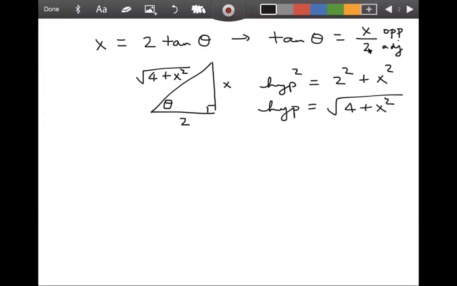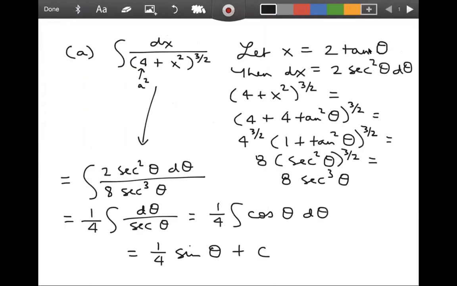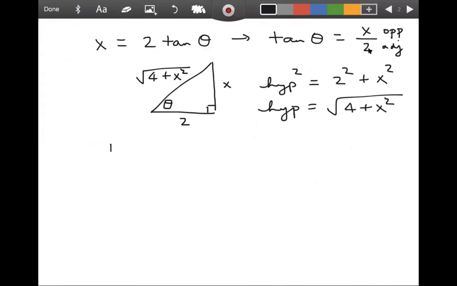All right, so we had found that this integral in terms of theta came out to 1/4 sine theta plus c. Well, the sine of theta would be the opposite over the hypotenuse. So this is going to come out to 1/4 times x over the square root of 4 plus x squared.